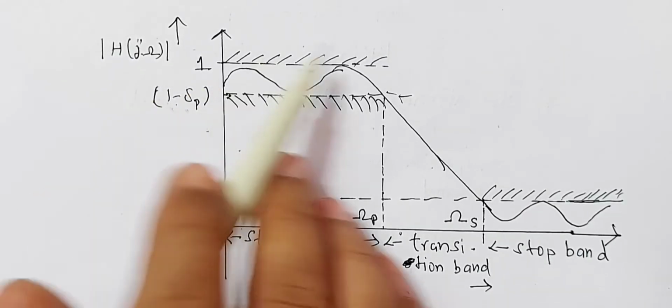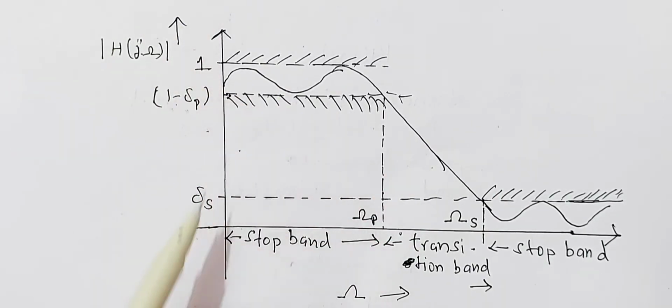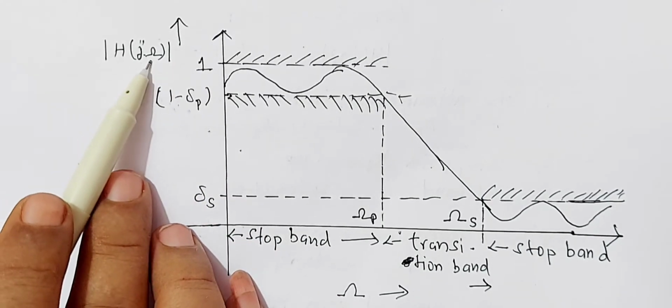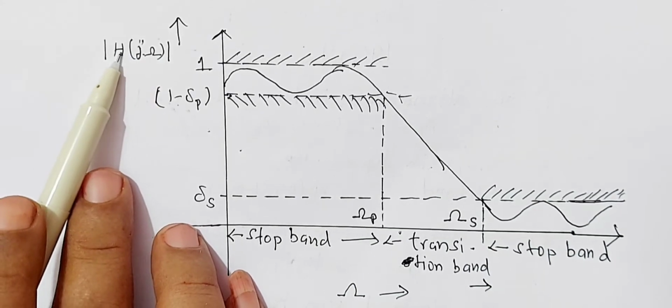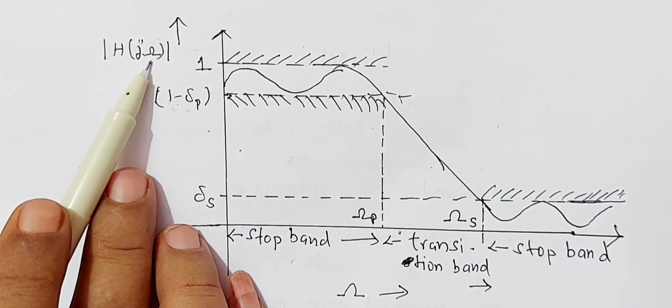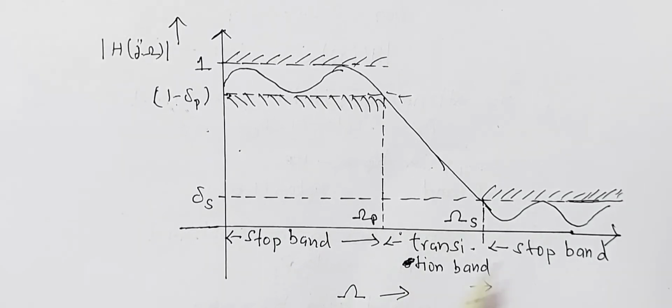In this low pass filter, the y-axis is the gain. I will represent this gain as H of j omega, where omega is the frequency. That is, the y-axis is a function of frequency and the x-axis is the frequency omega. I will represent the frequency here as omega instead of f as in DSP.